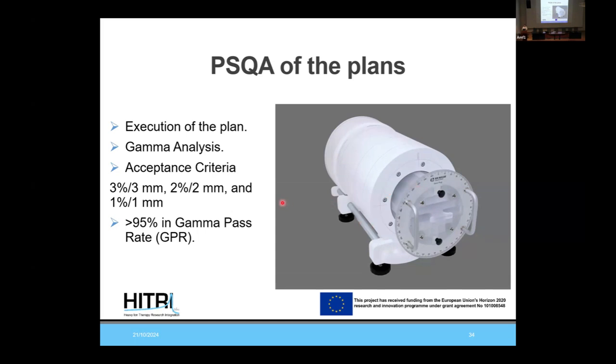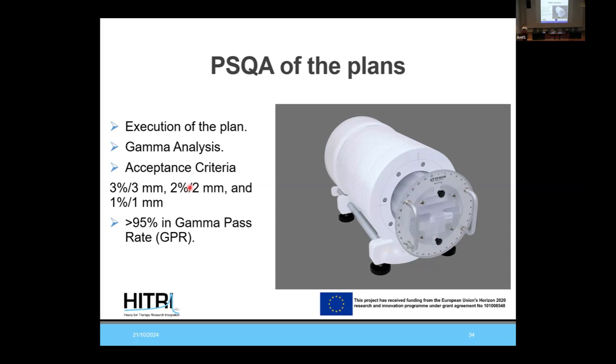We have the phantom here, and we execute the plan in a QA mode, quality assurance. We have the beam delivery, we have the measurements, and we compare the results from the TPS system with the execution of the linear accelerator.